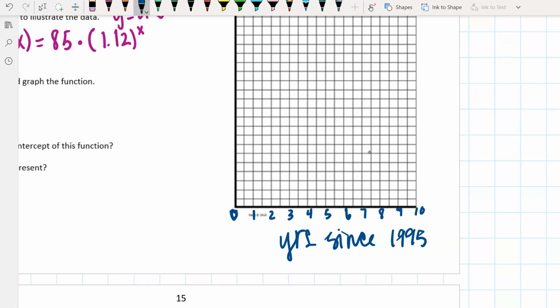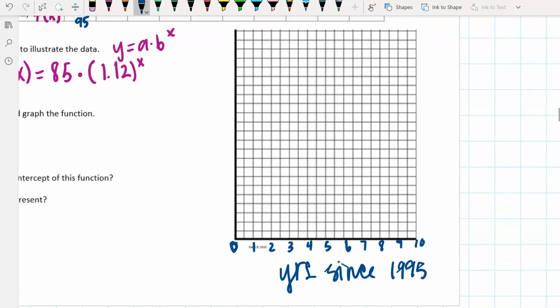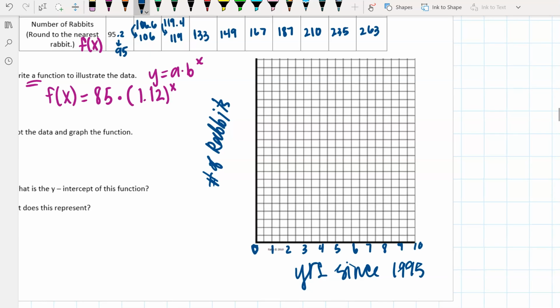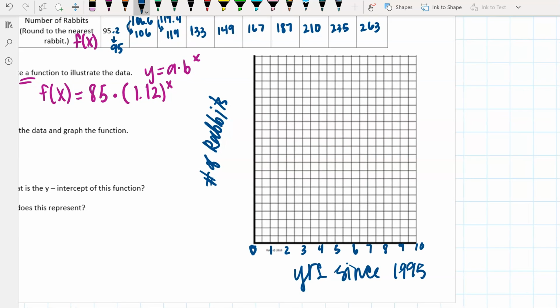So now we also need to do our y values, and if you remember from your chart, that's your number of rabbits. So when we look at our number of rabbits, we're starting at 85, that's our y-intercept, but we need to get all the way to 263, okay?